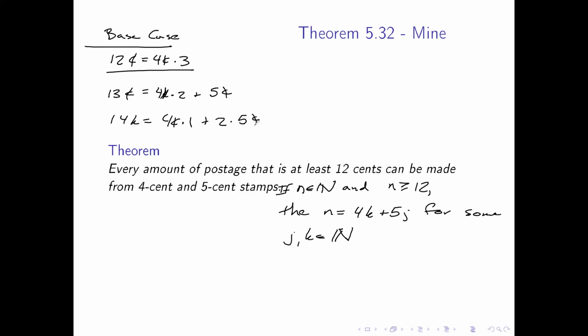Seeing a pattern here, by the way. And next, I come to 15. Would just be 3 5-cent stamps. So we've shown it's possible. By the way, when I go to 16, I'm going all the way back up to this first case, and it's repeating. So I've shown several base cases to be true. Notice I've shown 4 cases to be true. These turn out to be the 4 most valuable cases.